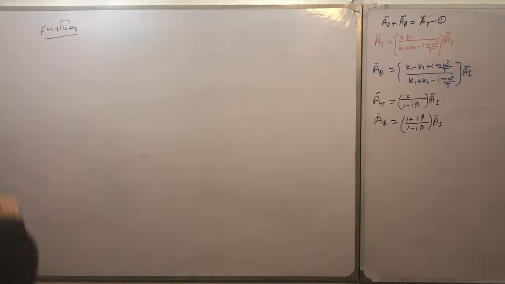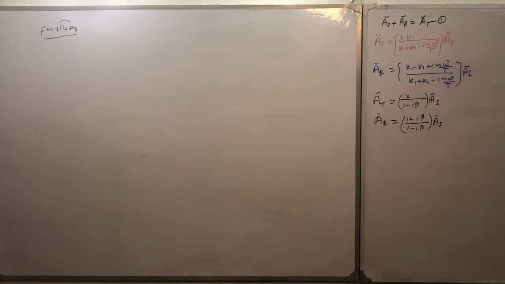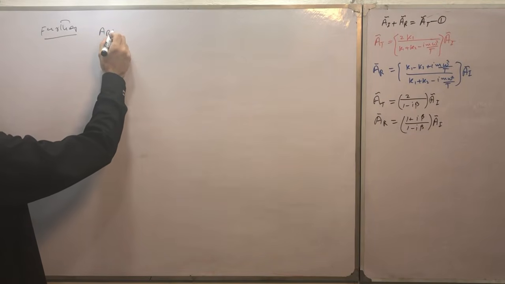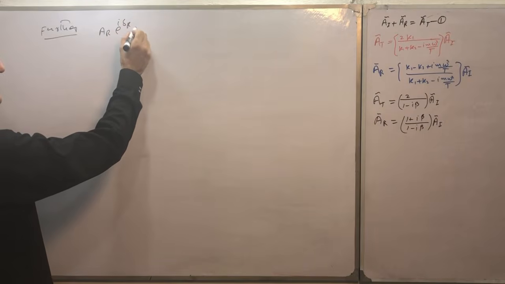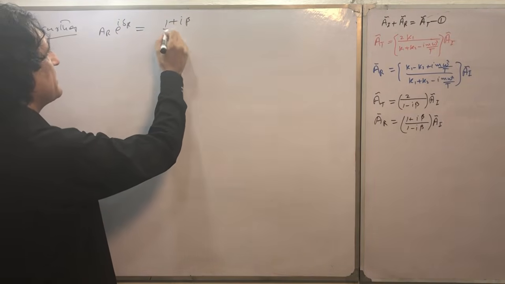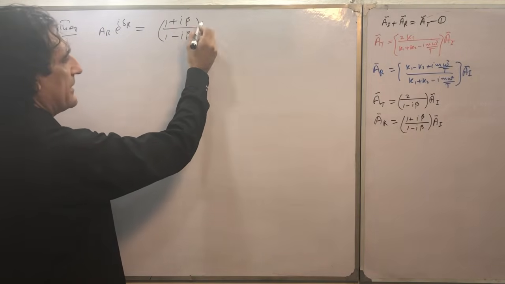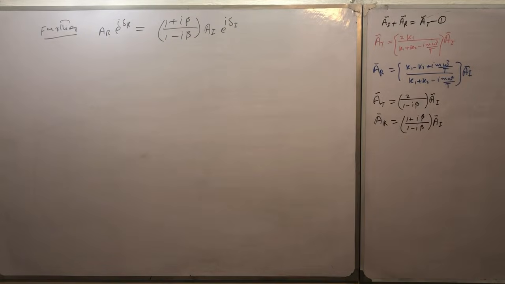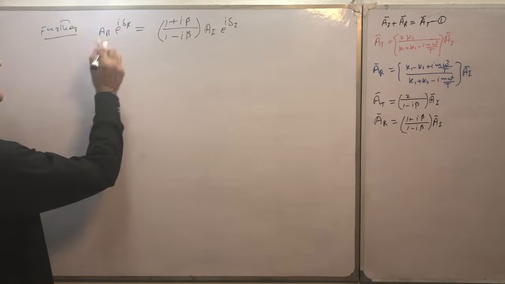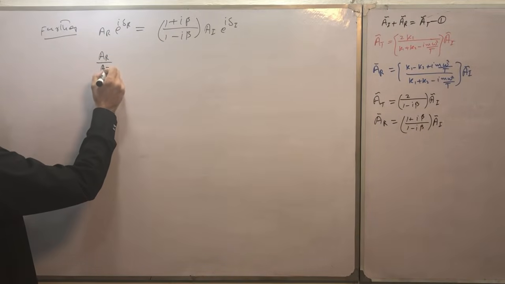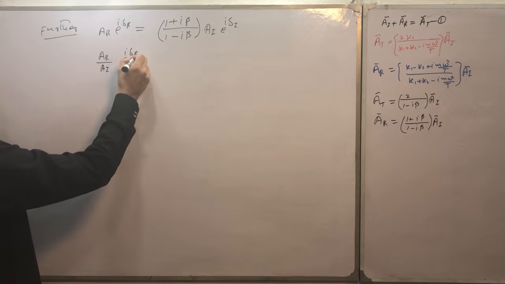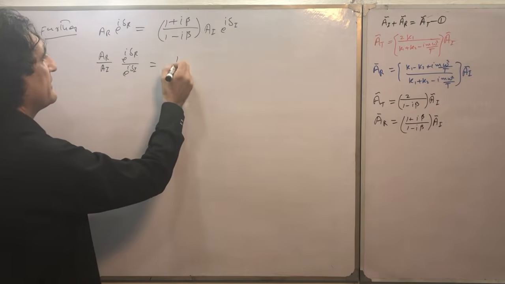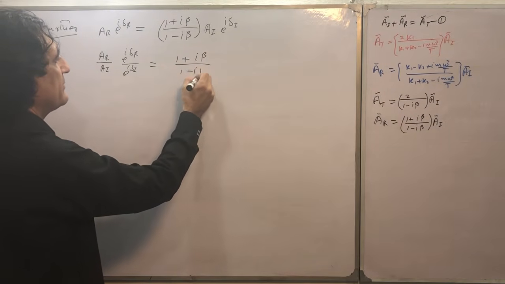Further, AR e to the power iota delta R is equal to 1 plus iota beta divided by 1 minus iota beta, and AI e to the power iota delta I. Then AR divided by AI and e to the power iota delta R divided by e to the power iota delta I, we can write down as this 1 minus iota beta.